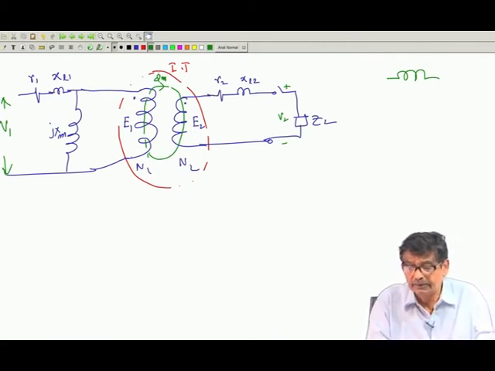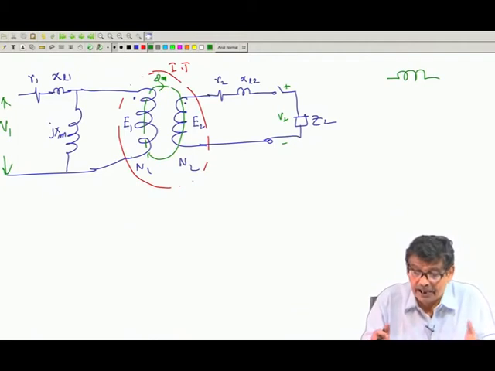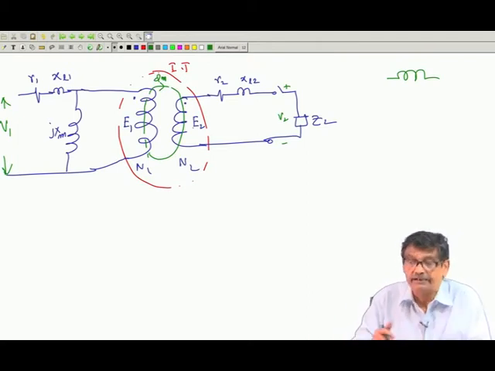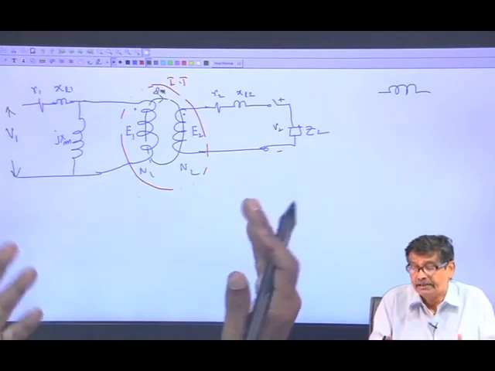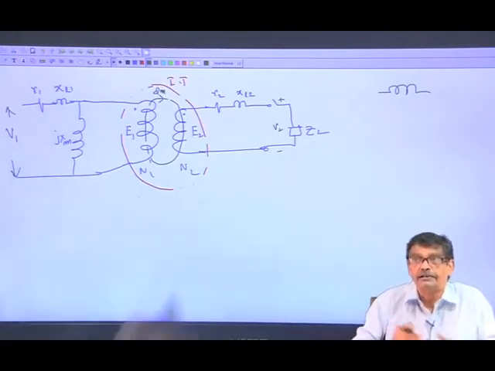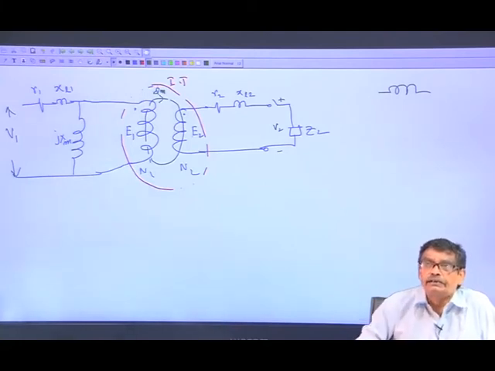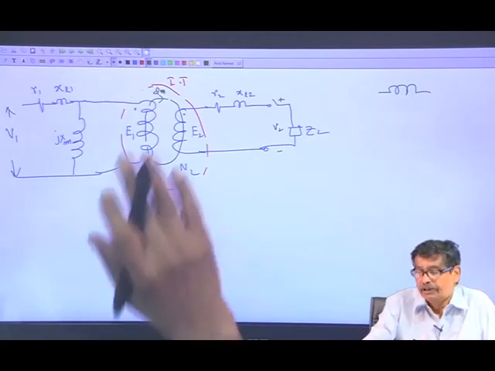Nonetheless, this is more or less all the parameters we have added to an ideal transformer to represent a practical transformer. This is the ideal part; add these two things and pretend that this is the model of the practical transformer. Only one thing I have yet to take, that is called the core losses, which I will discuss.